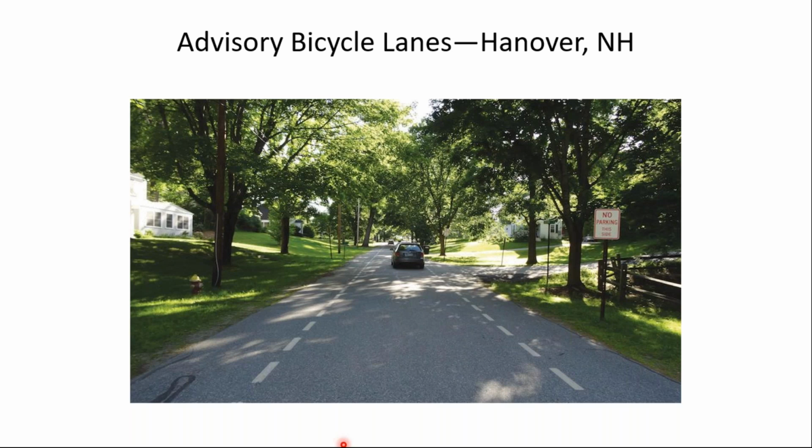And here's an example from the town of Hanover, New Hampshire. They have advisory bike lanes you can see through a residential area. And notice there's a no parking this side of the street sign, which would be important as well.